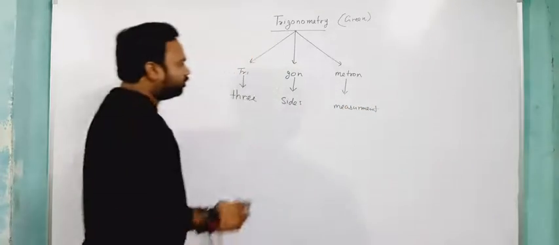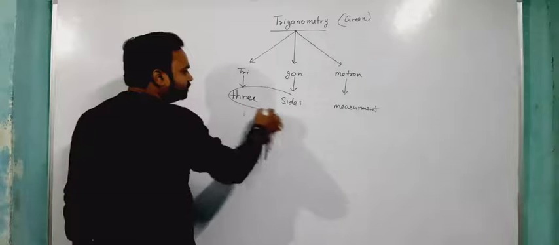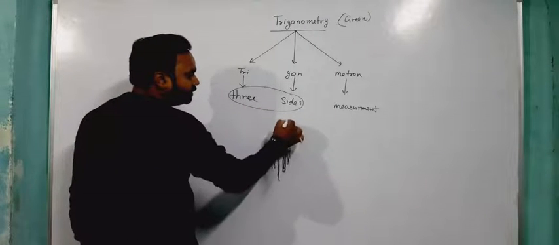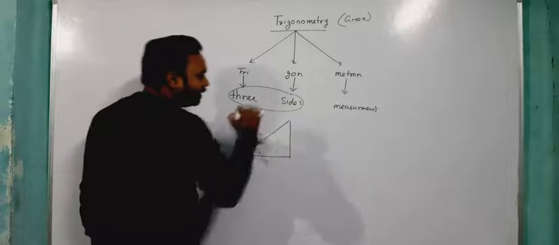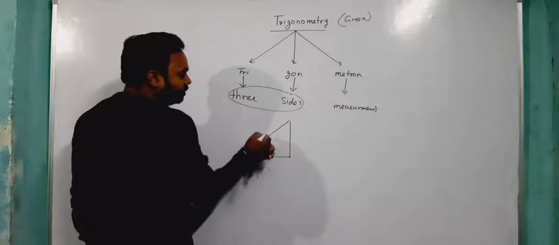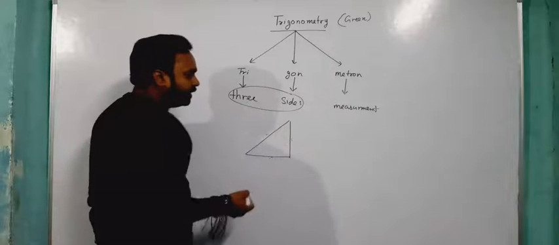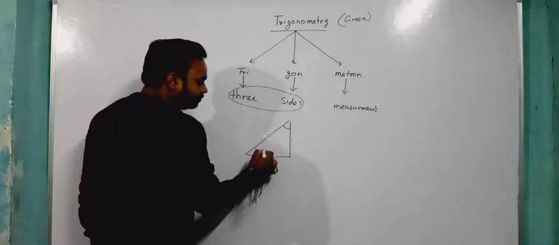If you are talking about three sides, from three sides we can get a triangle and angles.